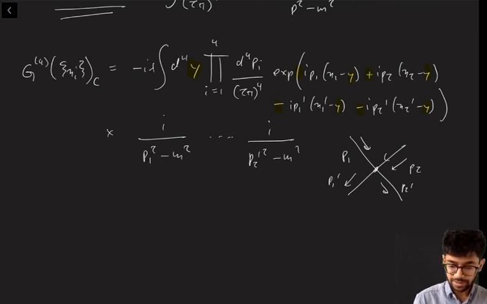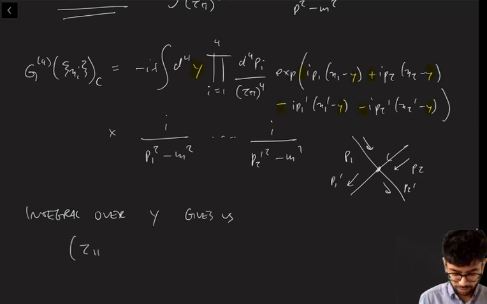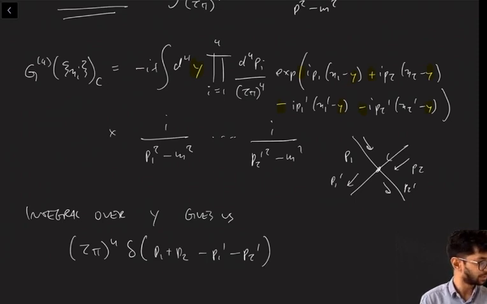And what that means is that the integral over y gives us an overall delta function which looks like 2 pi to the 4th delta of p1 plus p2 minus p1 prime minus p2 prime. Okay.